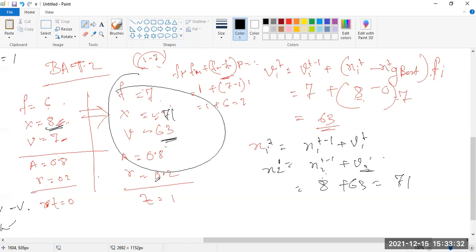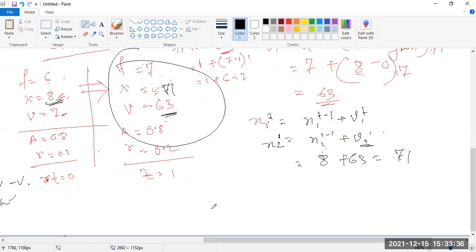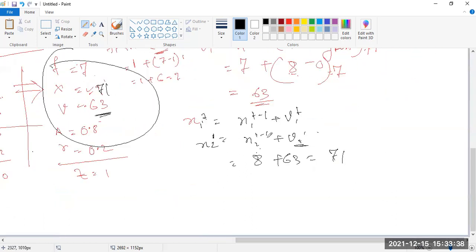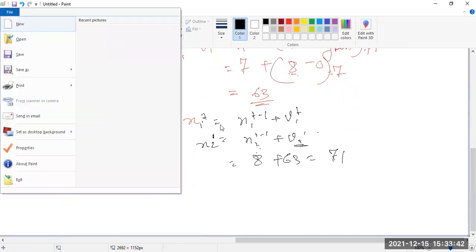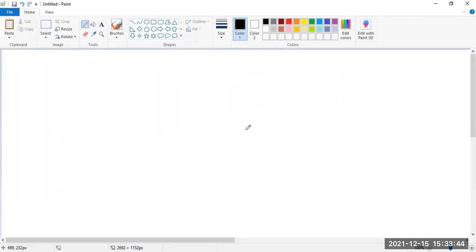This is iteration 1. Just like in this way, if you go for the calculation of bat 3, I'm going to the new slide. If we go for the bat 3, then same calculation is there. F is 3, X is 5, and V is 4.